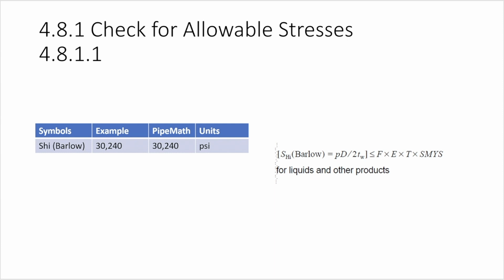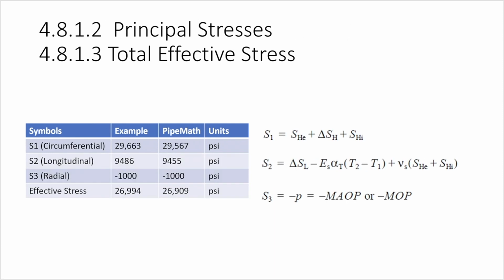On this slide, we are checking for the allowable stresses, and PipeMath has calculated 30,240 psi, which is the same as provided in the example. On this slide we are comparing the principal stresses and the total effective stresses. Again, you can see the circumferential, longitudinal, and radial stresses are almost the same, or in the same ballpark.